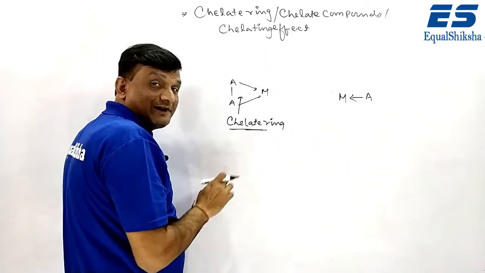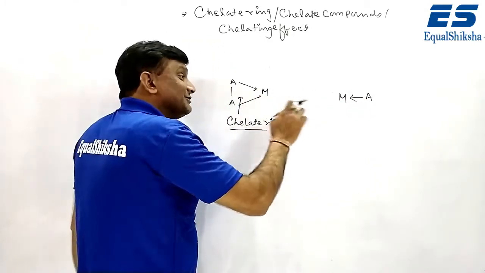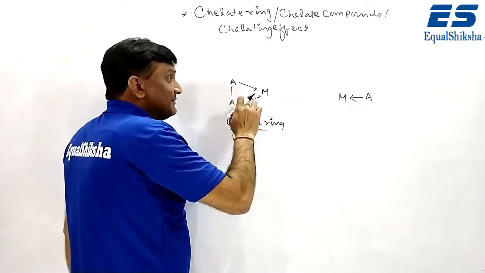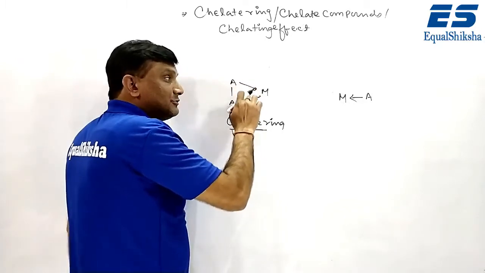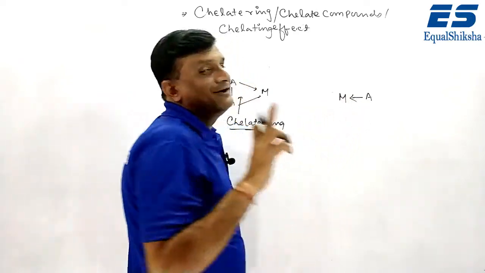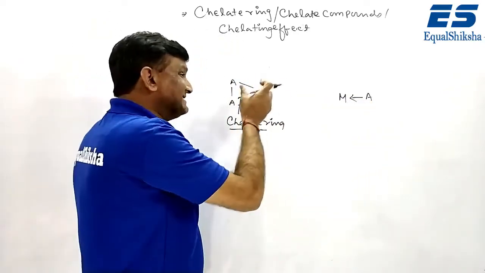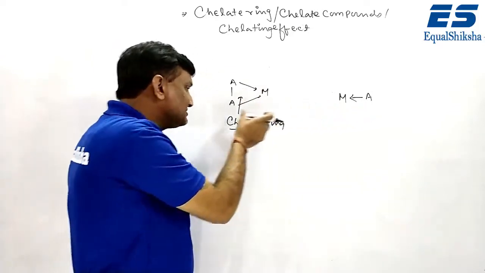Here there will be formation of a chelate ring, but here there is no formation of a chelate ring. So due to the chelate ring, two coordinate bonds attach to the metal atom, while here only one coordinate bond is attached to the metal atom. So it is easier to break this bond as compared to this.